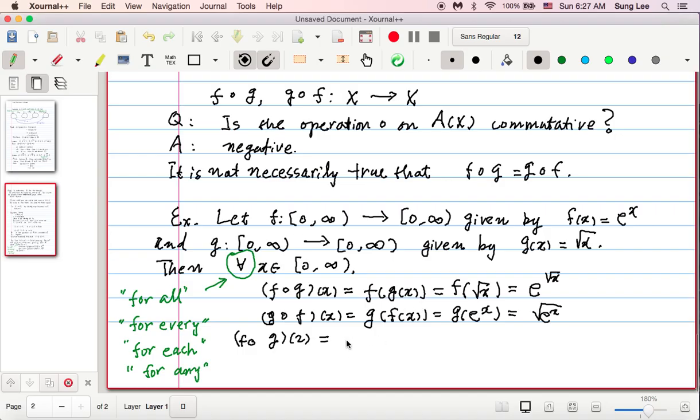That's e to the square root of 2, which requires a calculator. If you use your calculator, you will find that approximately that's 4.11325.